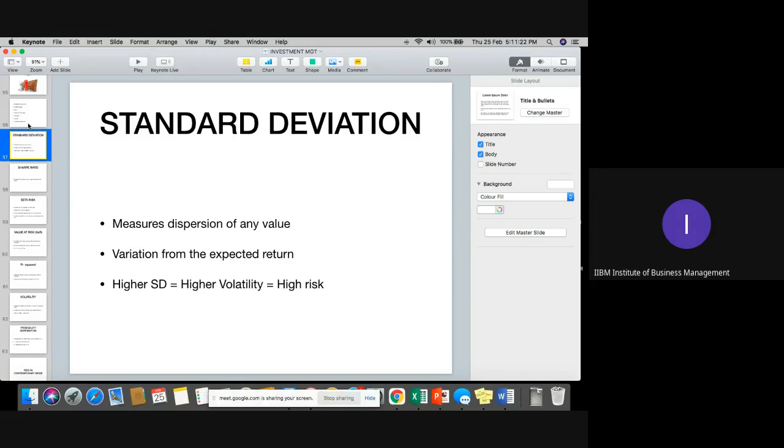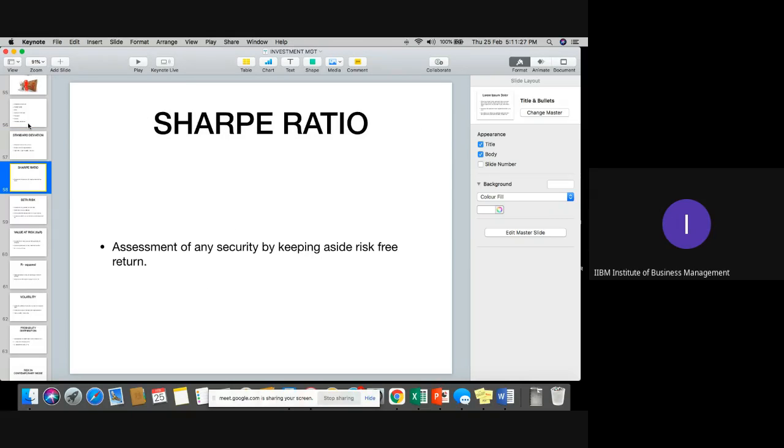Okay. The second method under measurement of risk is the Sharpe ratio. The Sharpe ratio is basically used whenever we want to assess any security option by keeping aside the risk-free return, because under the Sharpe ratio, we are focusing on the unsystematic risk, which is non-diversifiable in nature, and how the investor can manage that risk. So that is the part of your Sharpe ratio.